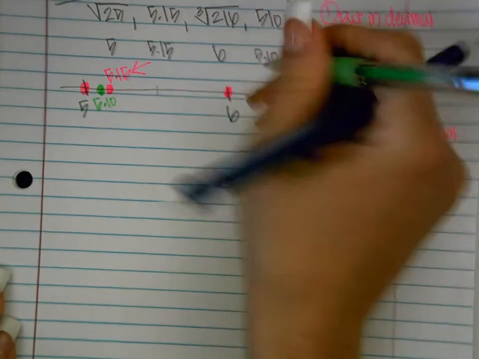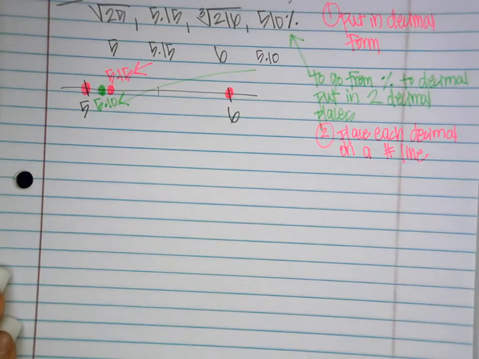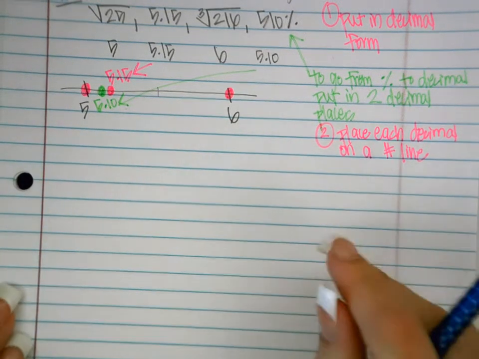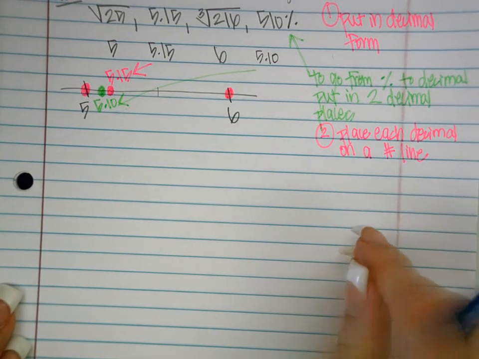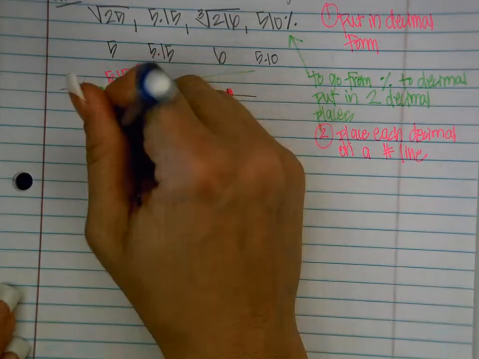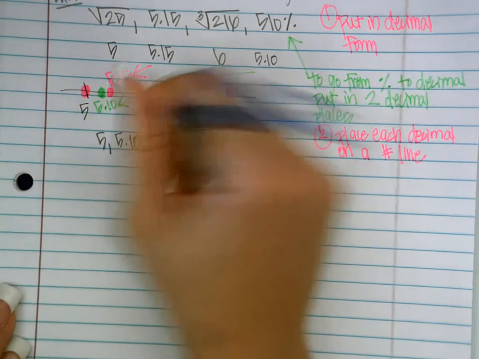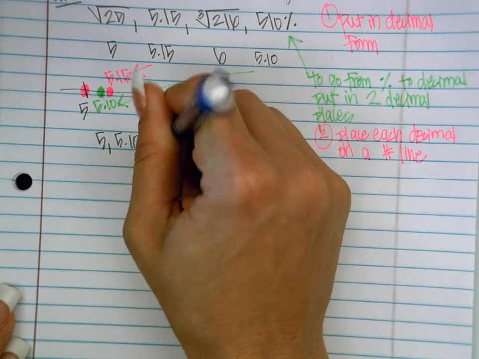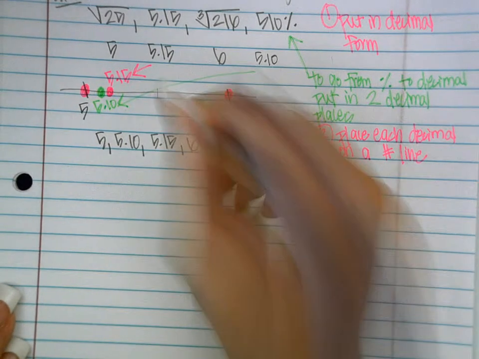So you're going to put these on your number line. Then, based on where they are, we're going to write them in order from least to greatest. So in order from least to greatest would be 5, then 5.10, then 5.15, then 6.